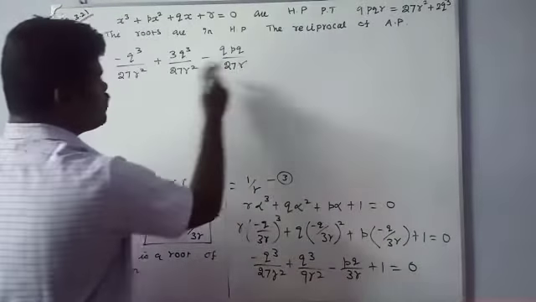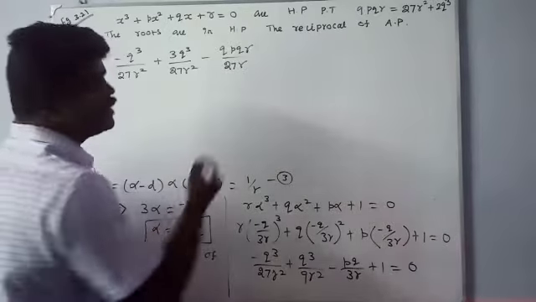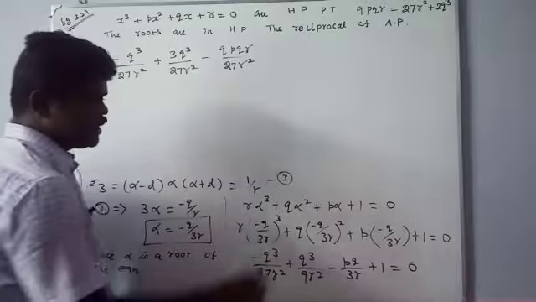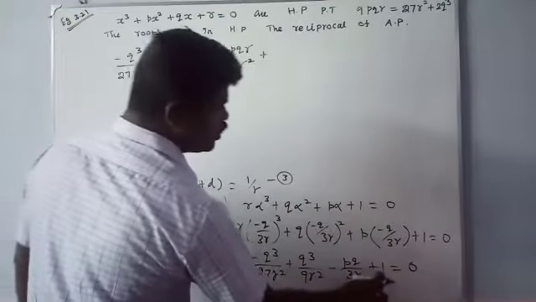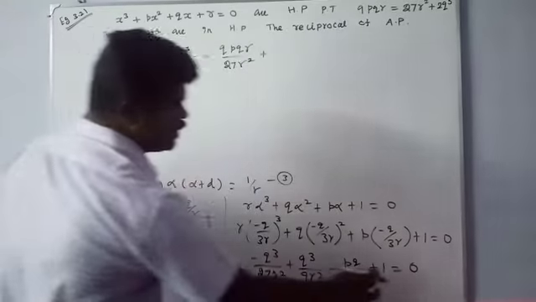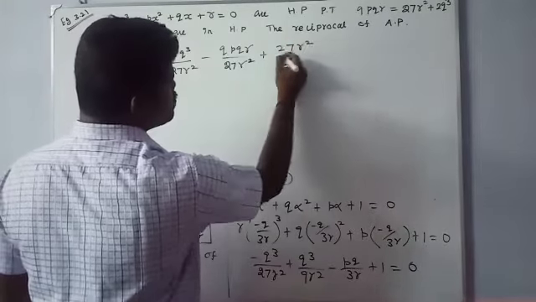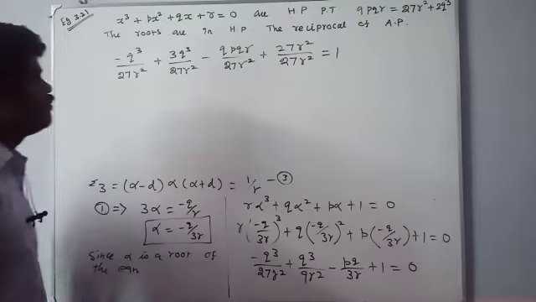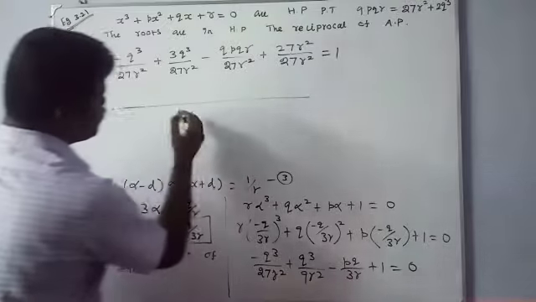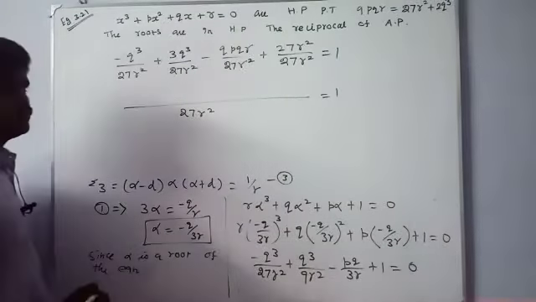Here r is there but here is r square, so we want to multiply r in the numerator and denominator. Plus we want to multiply 27 r square both numerator and denominator. 27 r square by 27 r square is equal to 1.